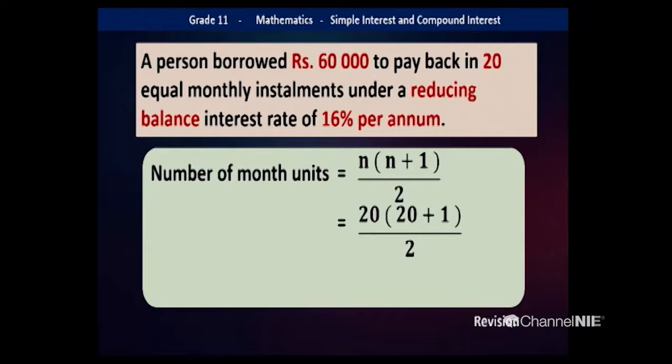Here n means number of months, 20 into 20 plus 1 divided by 2. Then 20 into 20 plus 1 is 420. 420 divided by 2, 210. Therefore, there are 210 monthly units.